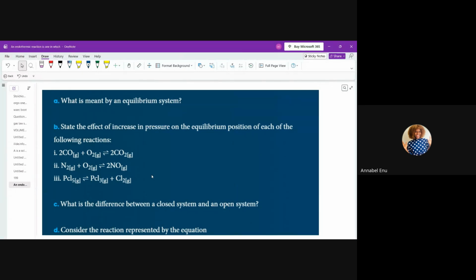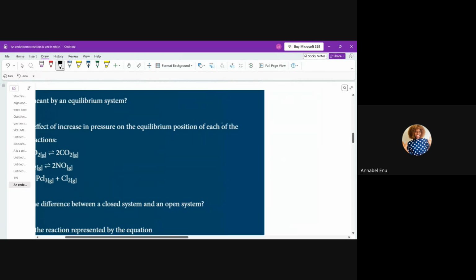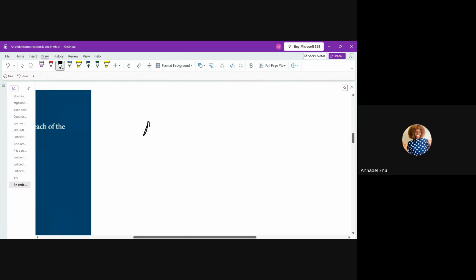An equilibrium system is a closed system in which the rate of the forward reaction and that of the backward reaction are equal. So in essence, they are just defining what we already know equilibrium is. They are defining that A plus B, forward and backward, equals C plus D. That's just what they're saying.